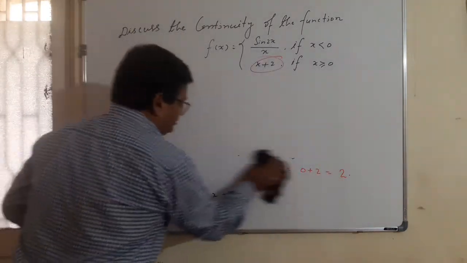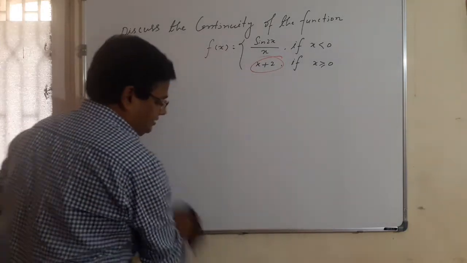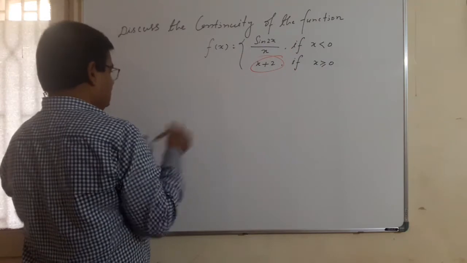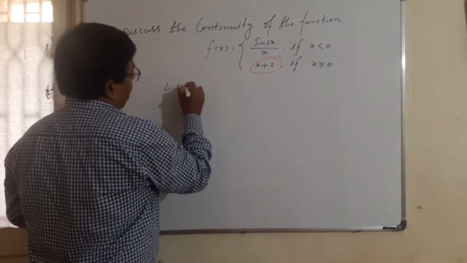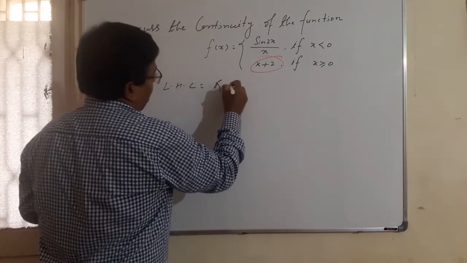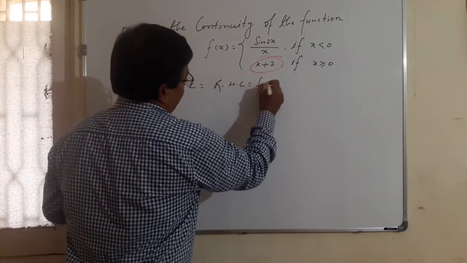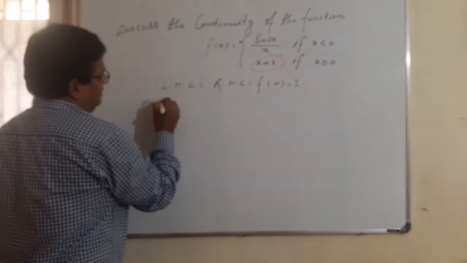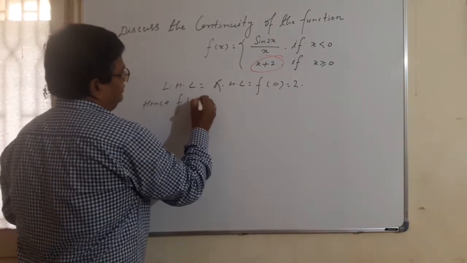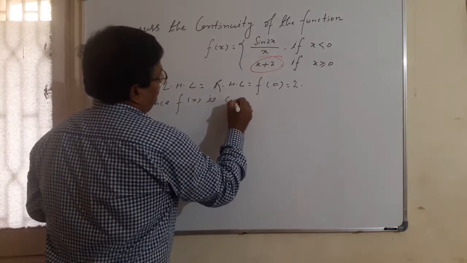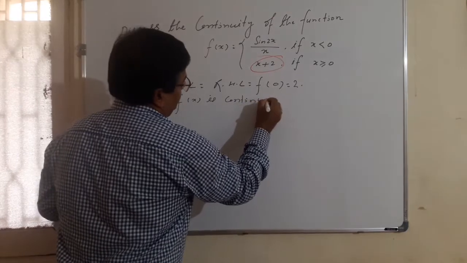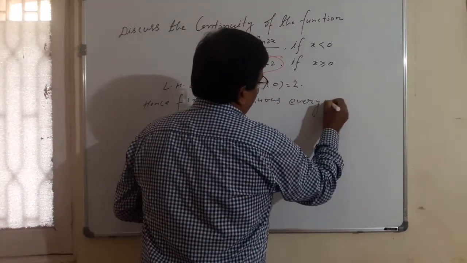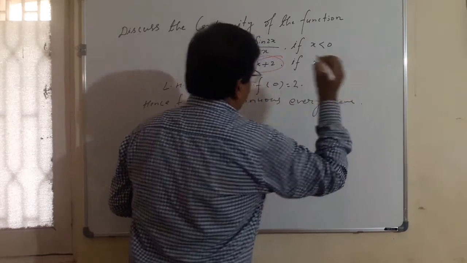See here, write down this one: left hand limit is equal to right hand limit is equal to f(0) is equal to 2, hence f(x) is continuous everywhere.